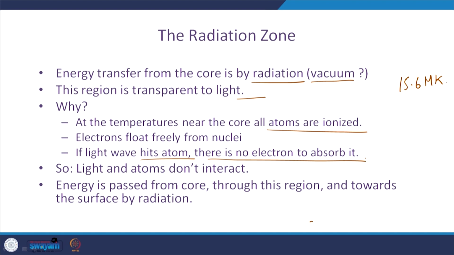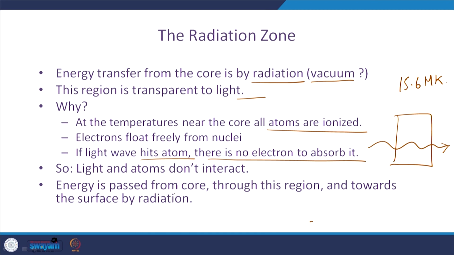Electrons freely float from the nucleus, so they are not in a position to absorb energy. When light waves hit an atom, there is no electron to absorb it. That means the entire medium of the radiation zone behaves as a transparent medium for the light to propagate without any hindrance. As a result, light and atoms do not interact.